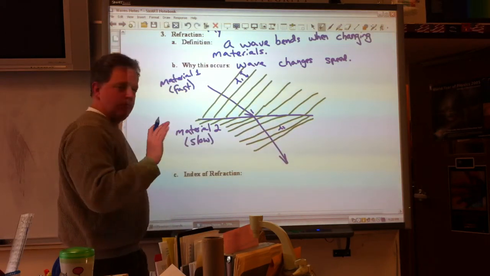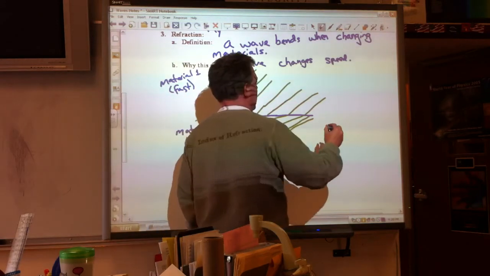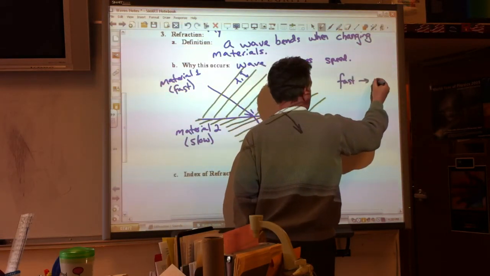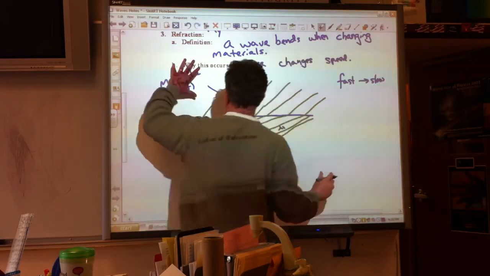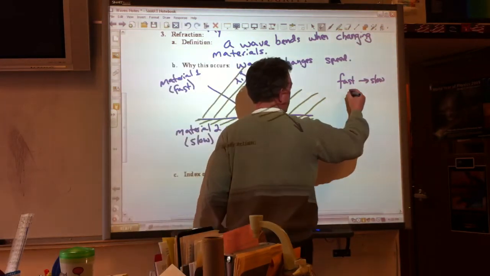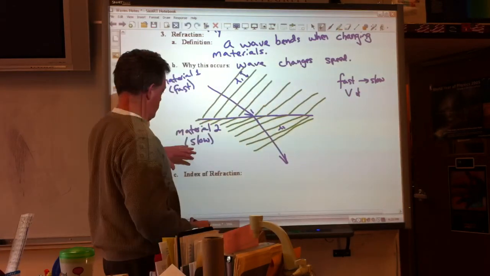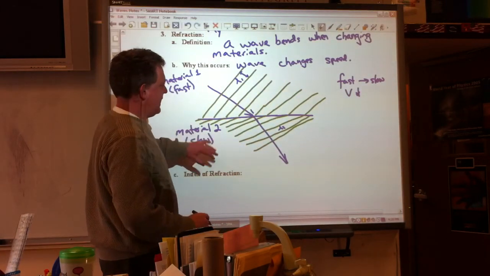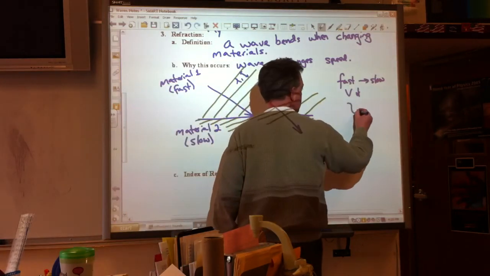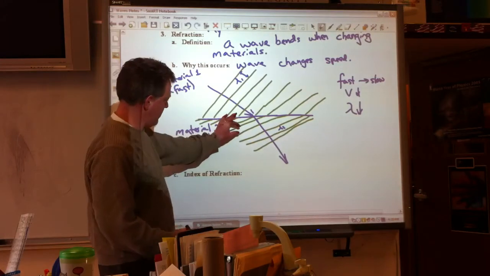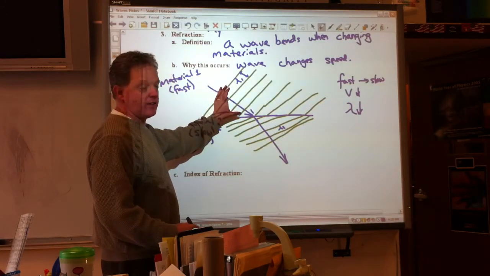Okay, so we're going to make some notes here, that when you go from fast to slow, this fast material to slow material, the velocity decreased, by definition it's going slower over here. Now the wavelength decreased, we want to make a note of that. These wavelengths over here are shorter than these wavelengths.